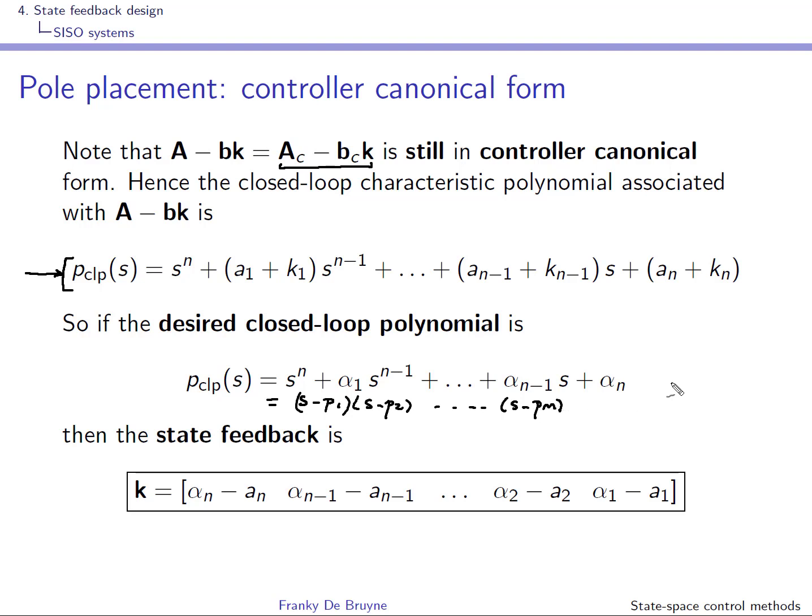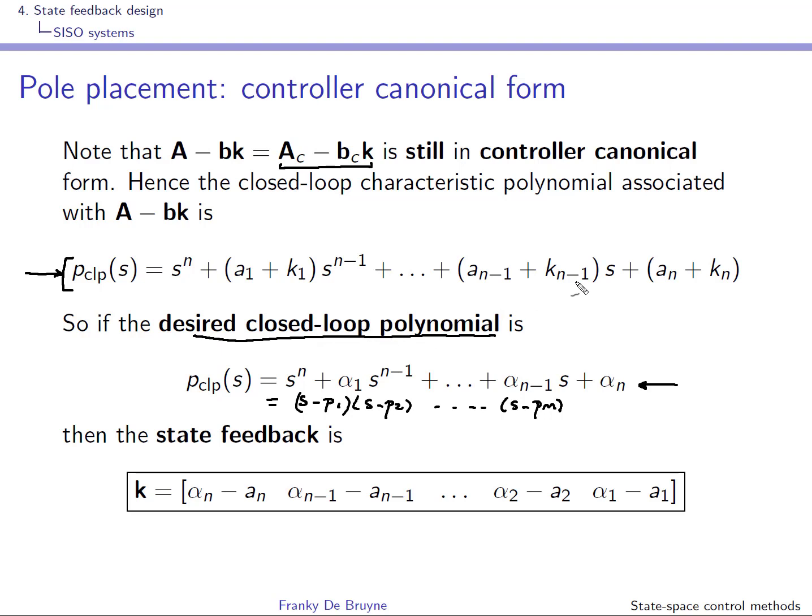Okay, so this is the desired closed loop polynomial, and as I've said, you choose it indirectly by choosing the pole locations. Here the pole locations can be real, but they can also be complex conjugate. Okay, so this is now the desired closed loop polynomial.